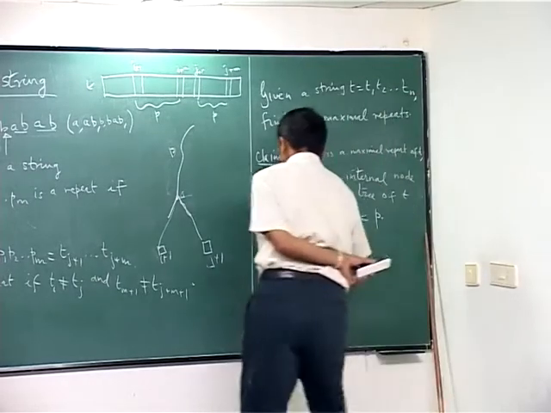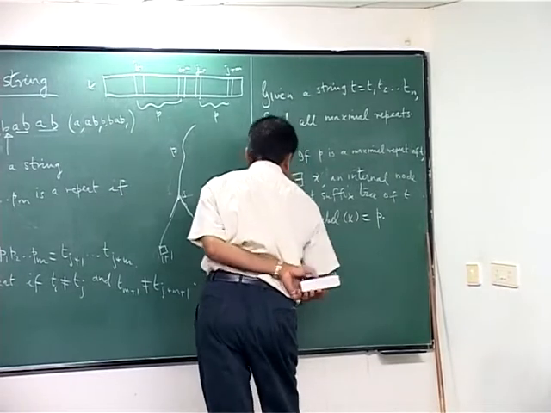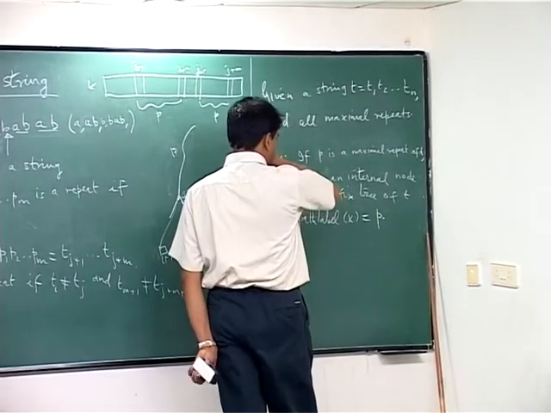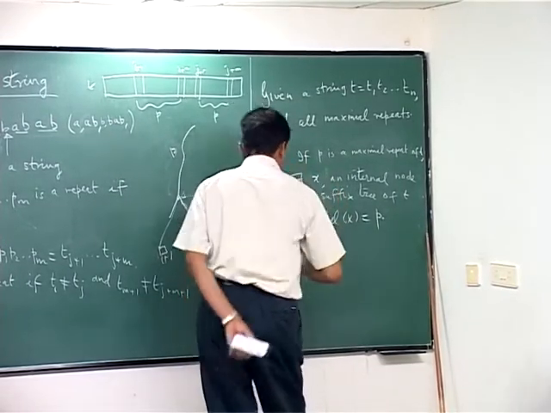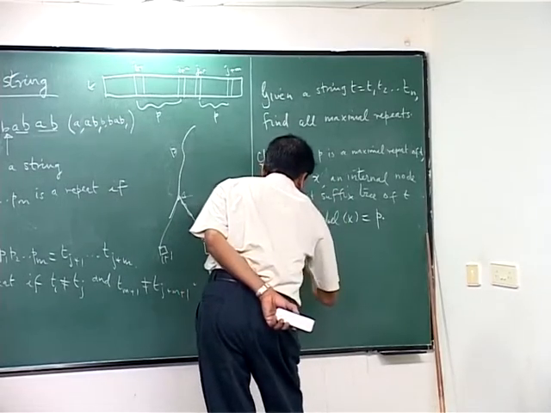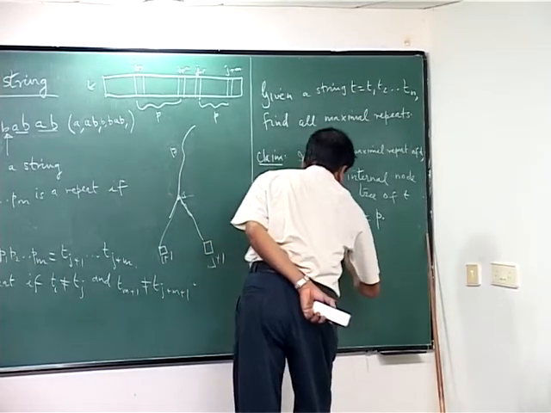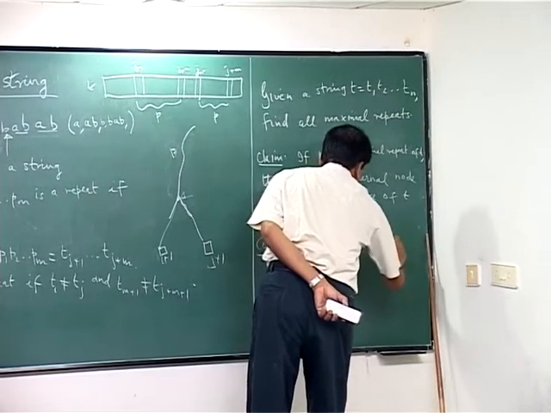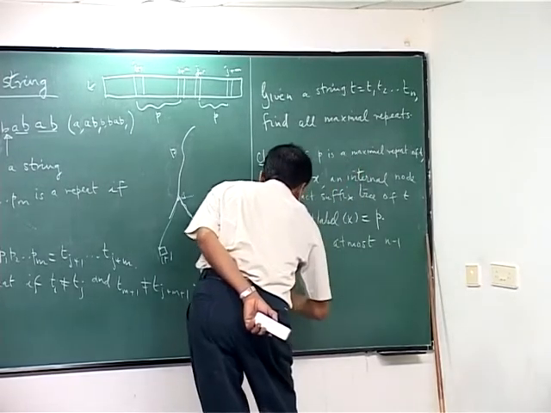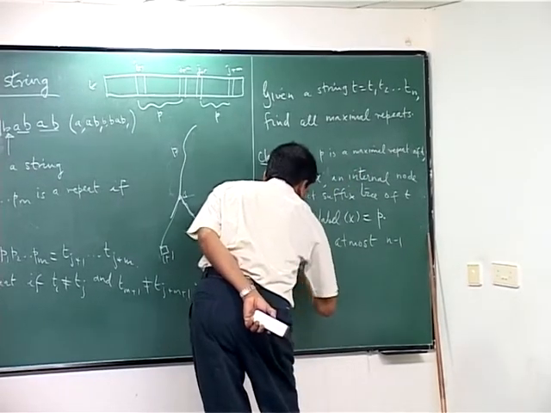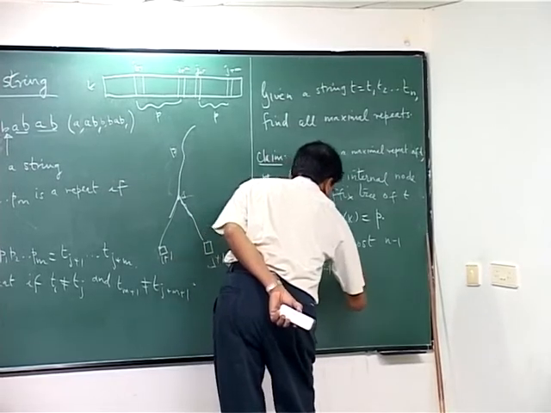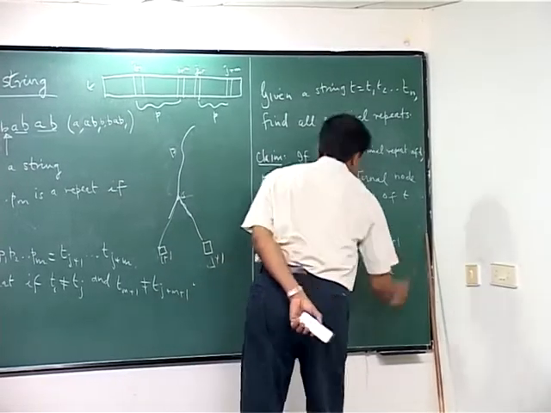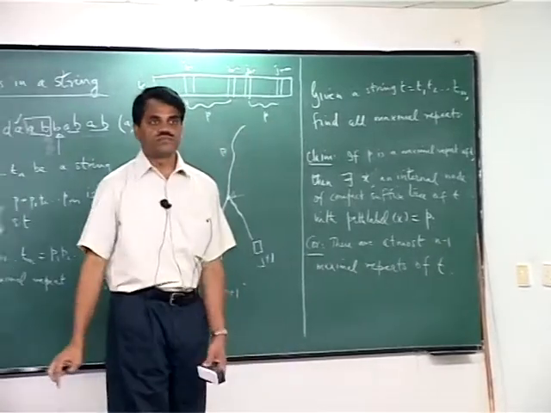So a corollary of this is that there are at most n minus 1 maximal repeats. Why?